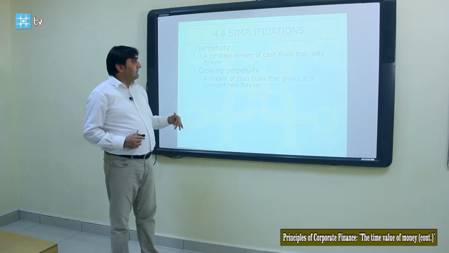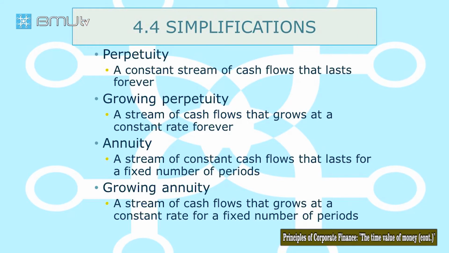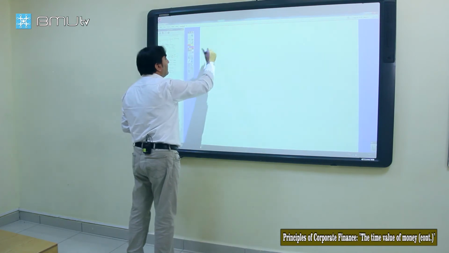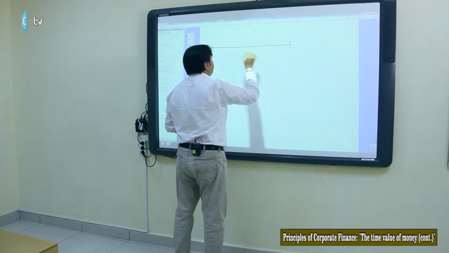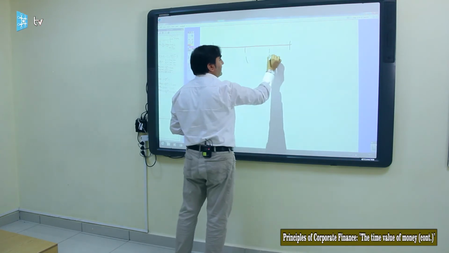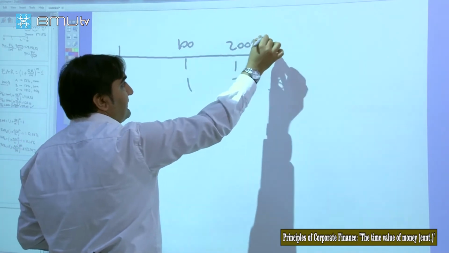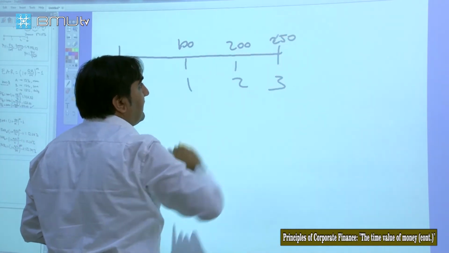We have some patterns in our cash flows. If we see these patterns, we can easily find the present value or future value of our cash flows. One is perpetuity, a constant stream of cash flows that lasts forever. For example, if we have multiple cash flows, say 100 here, 200 and 250.